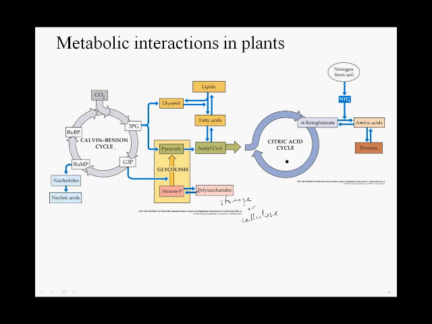Pyruvate can be converted to acetyl-CoA. Those carbons can then enter the citric acid cycle. Alpha-ketoglutarate, an intermediate of the citric acid cycle, can exit and become amino acids for protein synthesis. Acetyl-CoA can also be converted to fatty acids, combining with glycerol to form lipids.